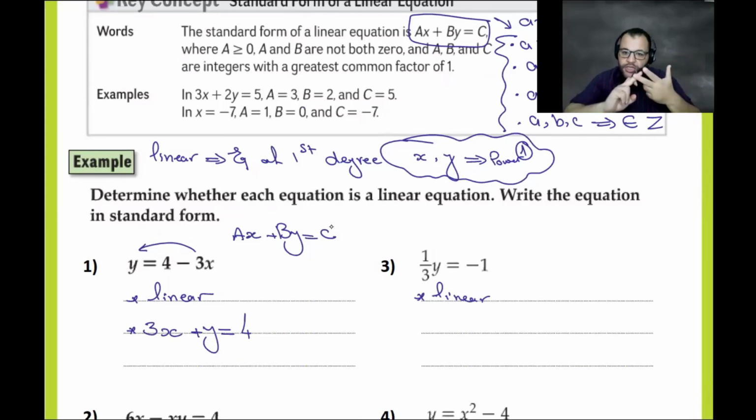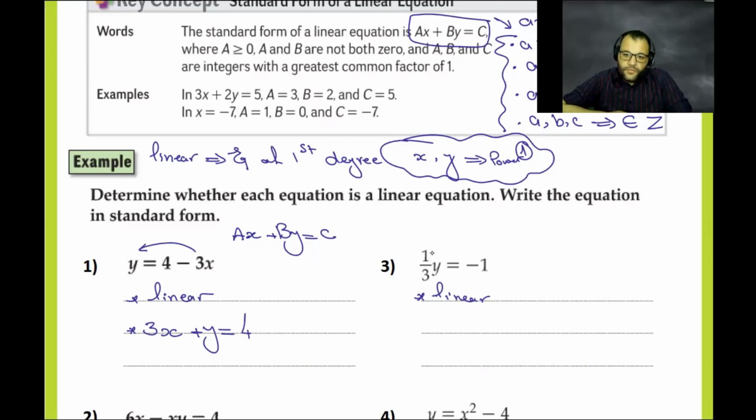So the third condition that we have. What is the third condition? The common factor. A, B and C must be integer numbers. Are A, B and C integer numbers? No, B is not. How do you make this one an integer number?